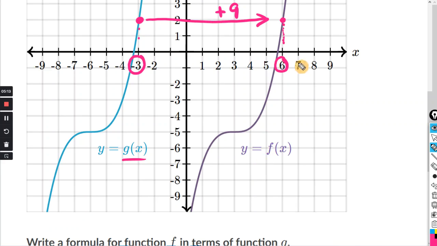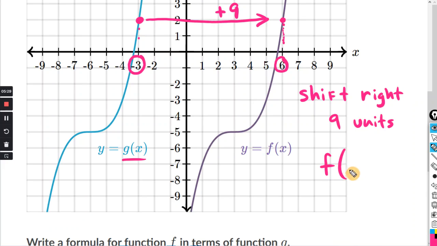But remember, when you shift right 9 units, if you remember from the notes at the beginning, you subtract inside the parentheses. So that's going to be x minus 9, because we went to the right.